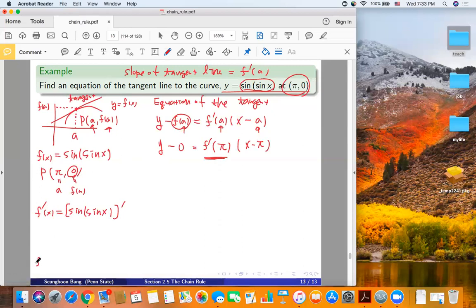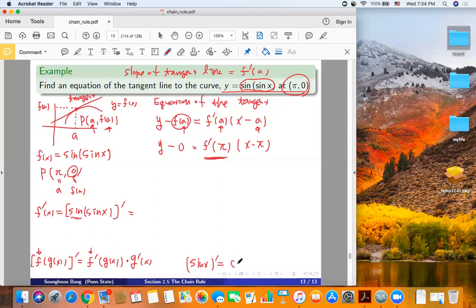Do you remember the basic chain rule? The derivative of f of g of x is f prime of the inner function g of x, times the inner function's derivative g prime. What's the derivative of sine?